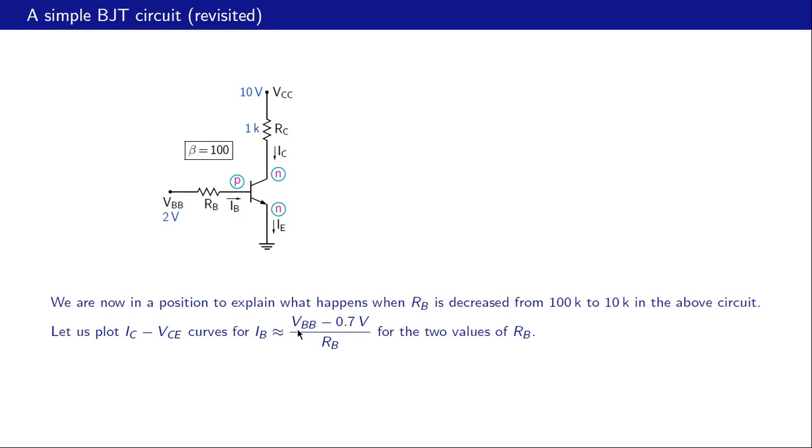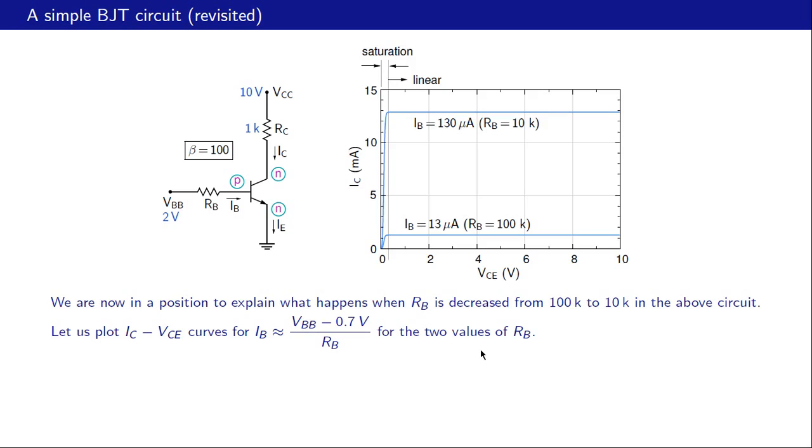So IB is 1.3 by 100K or 1.3 by 10K, depending on the value of RB. And let us now look at the IC-VCE characteristics for these two base currents. So here is IB equal to 13 microamp, which corresponds to RB equal to 100K.